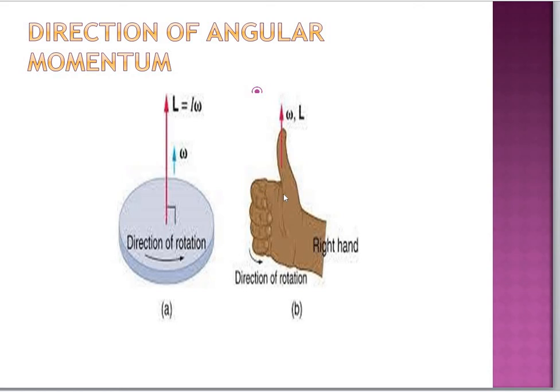So this is the smallest angle. So curl your fingers in the direction of the second vector in the smallest angle. Then the thumb will be in the perpendicular direction and this will give you the direction of the angular momentum. Using this rule, you can find out the direction of angular momentum easily using r and p.